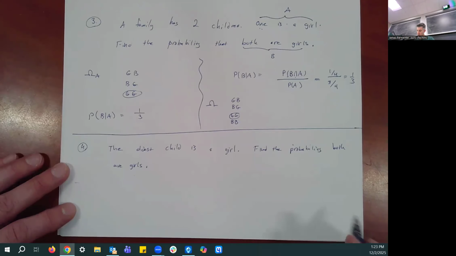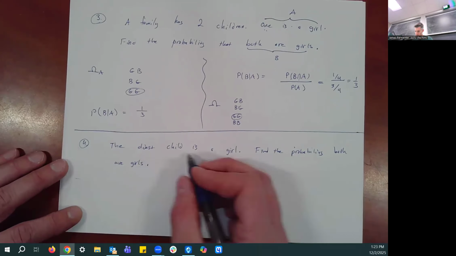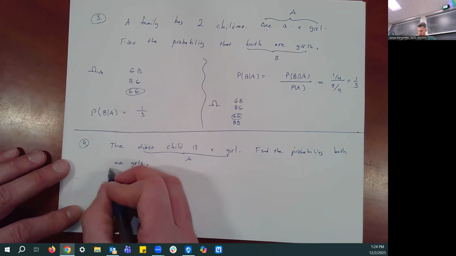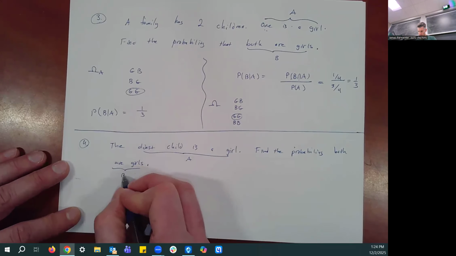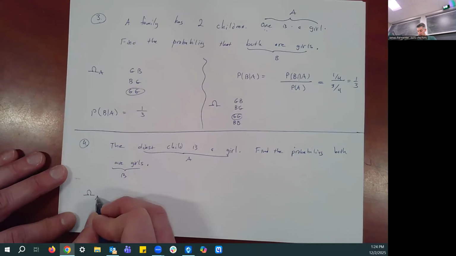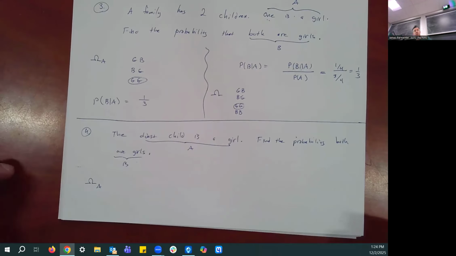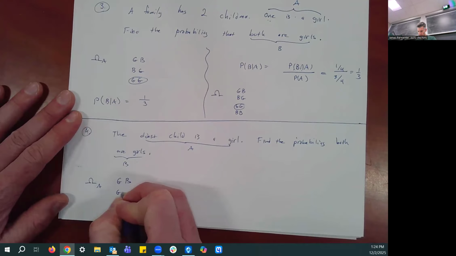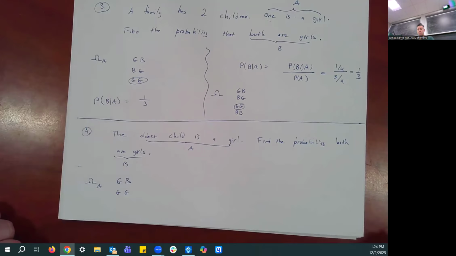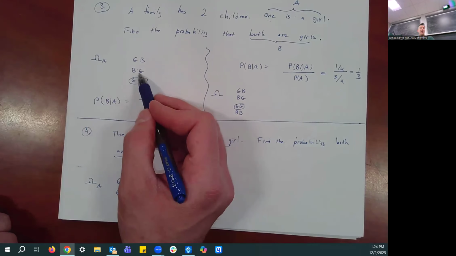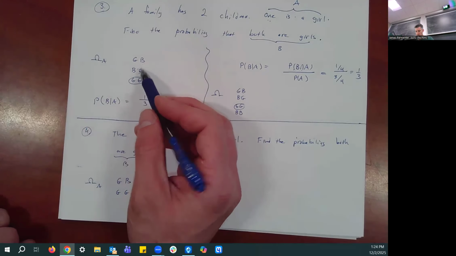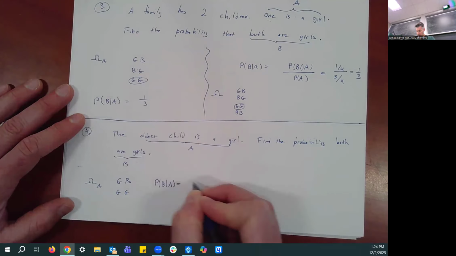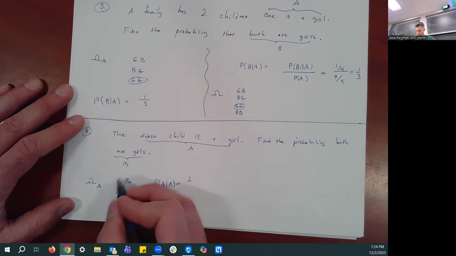Because now our oldest child being a girl is event A, and both are girls is event B, and our reduced sample space this time is less. If we know the oldest child is a girl, there's only two things that can happen. You could have a girl first and then a boy, or a girl first and a girl. Boy-girl is no longer an option because we know the oldest child is a girl. So then the probability of B given A is going to be one way of getting what we want out of two things that are possible.